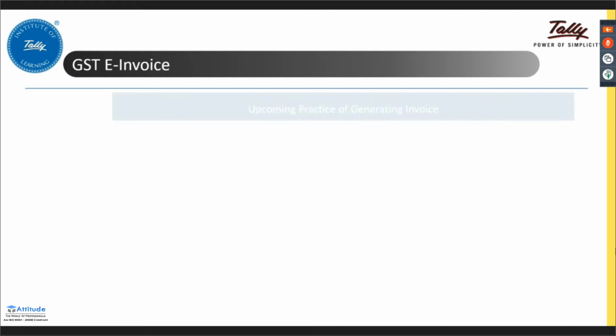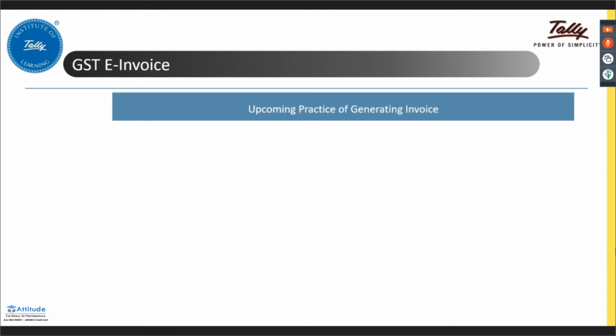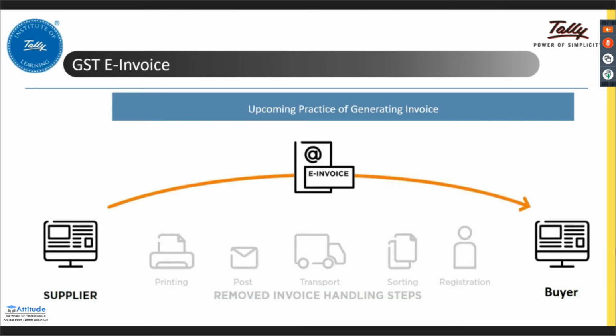When it comes to e-invoicing, under the upcoming practice of generating invoices for those businesses whose turnover is equal to or more than 100 crores, effective from 1st January 2021, the supplier will directly send an e-invoice to the buyer. The printing, posting the invoice, transportation, sorting, registration, this complete flow has been eliminated.